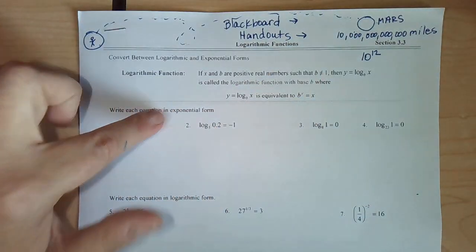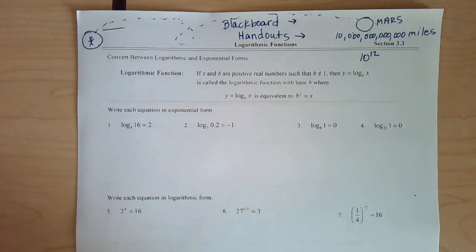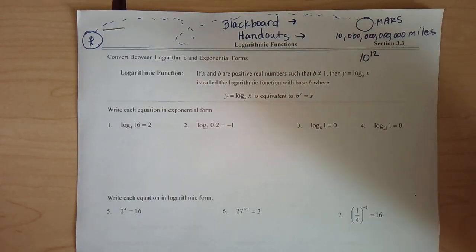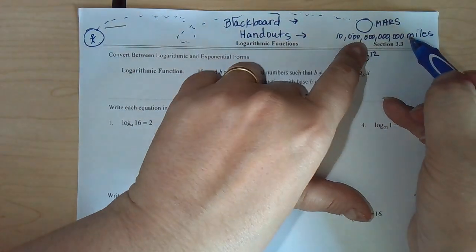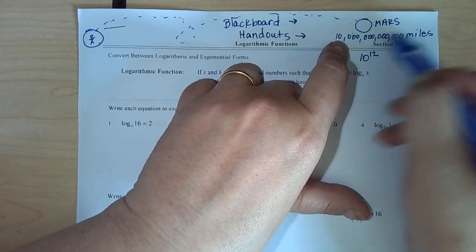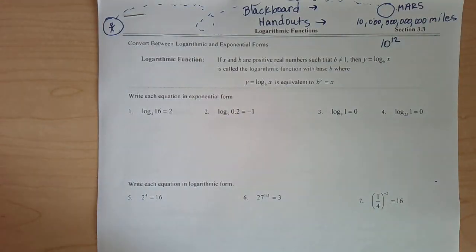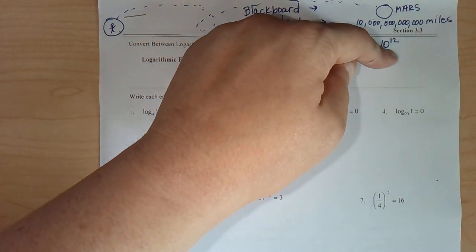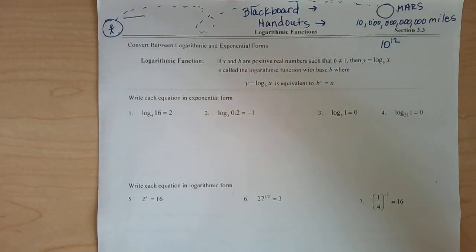And we can use logarithms to rearrange it and make the math way easier so that we're not writing 12 zeros every 5 seconds. Okay, so the point of logarithms is to be able to do math with exponentials. And exponentials are for really big or really small numbers.